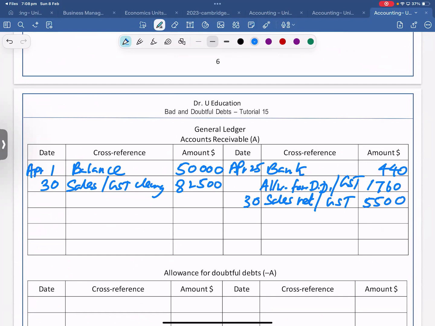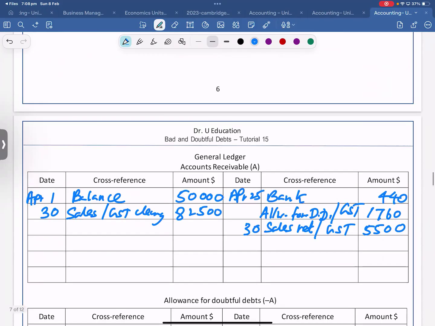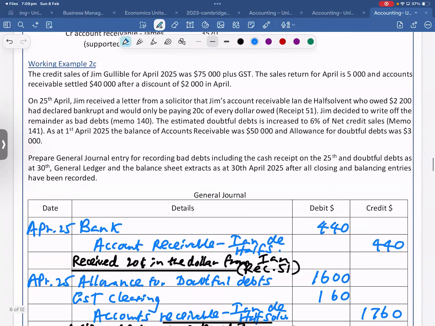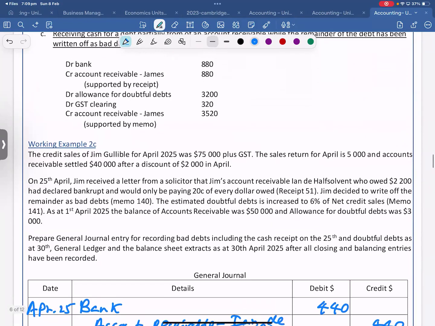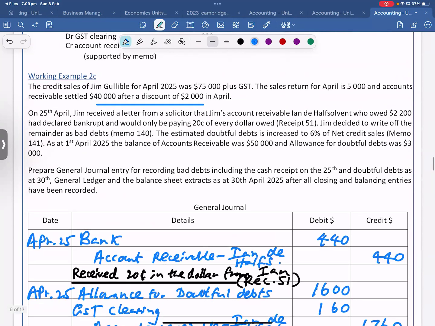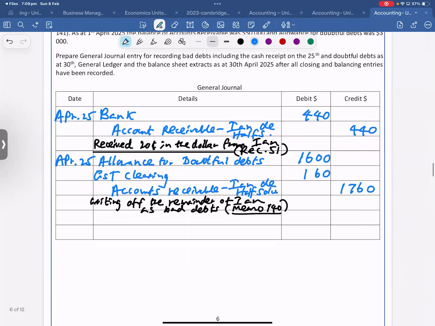Then how much was the remaining cash? Settled 40,000 after a discount of 2,000. So what does that mean? How much did they settle? 40,000, 42,000, or 38,000? 40,000. Then how much did we receive in cash? 38,000. Good.